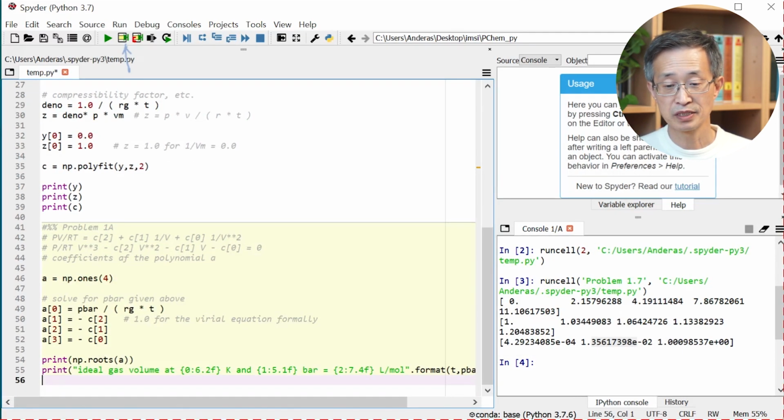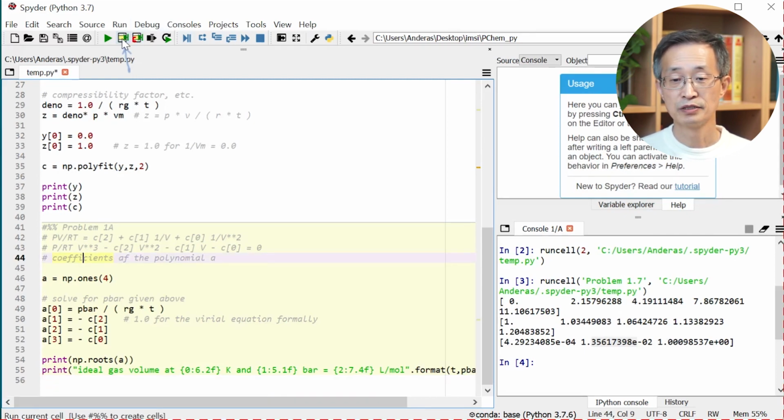It prints out the ideal gas volume at such temperature and pressure, in liters per mole. So we print out T, P bar, and then RT over P bar. That's the ideal gas value. So let's run this one.